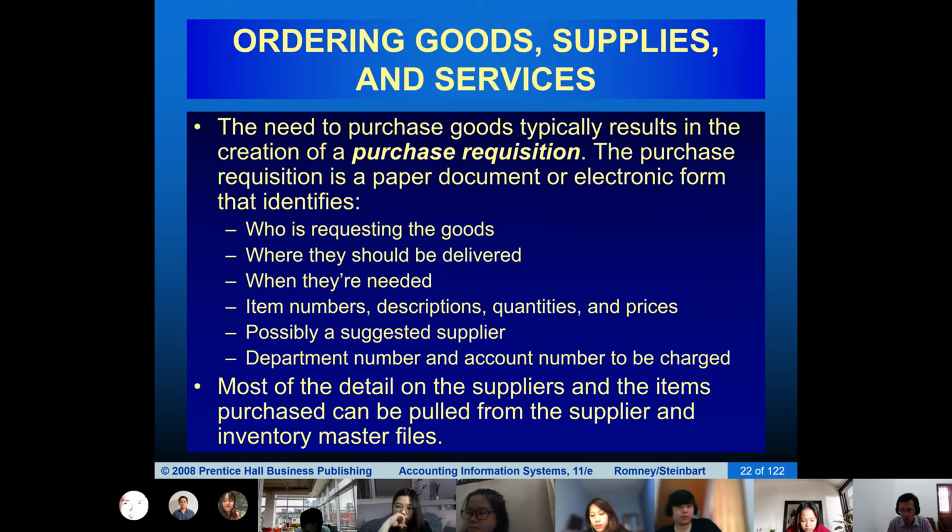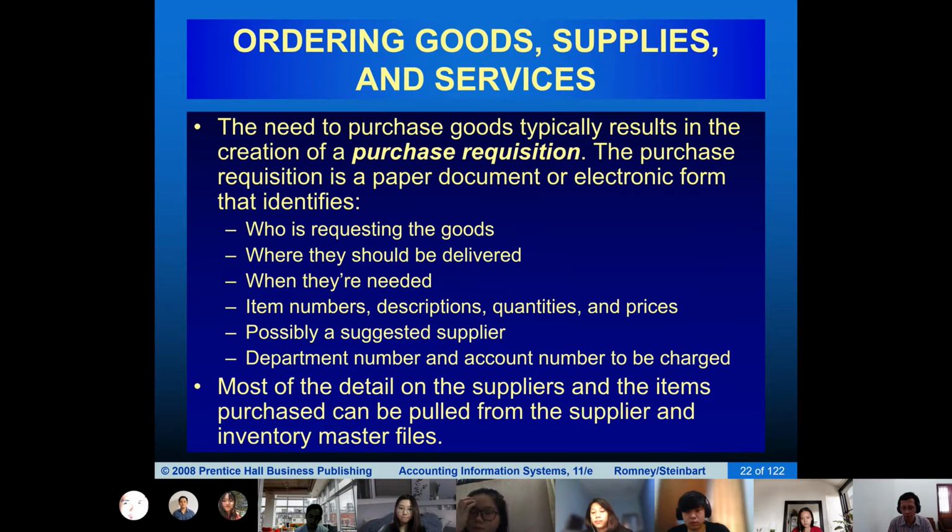Each unit that needs a product or service will have to fill in a purchase requisition, which consists of who is requesting the goods, where they should be delivered, when they are needed, item numbers, description, quantities, and prices, basically the product, possibly a suggested supplier, and the department number and account number to be charged.